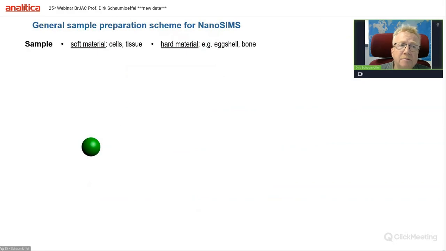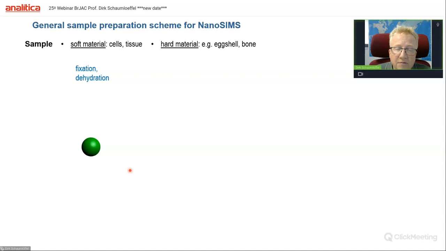This is the general preparation scheme for samples for SIMS or NanoSIMS. You can have soft material like cells or tissue, where we are talking now about the biological samples, or hard materials, for example, eggshells, bones. We are already working on these kinds of material. So if we have here, as an example, a sample, the sample needs to be fixed, so it's a fixation and dehydration.